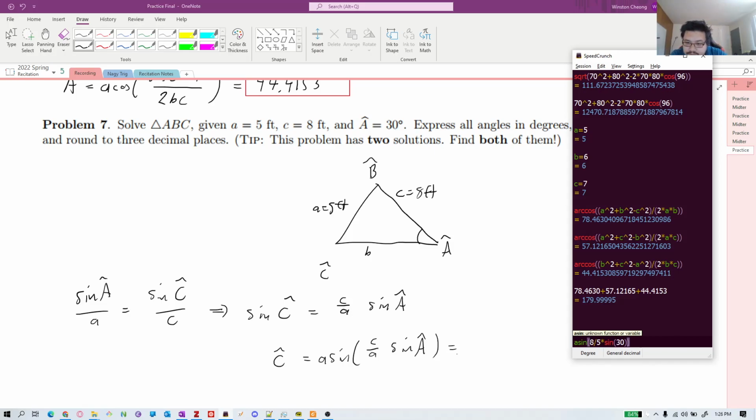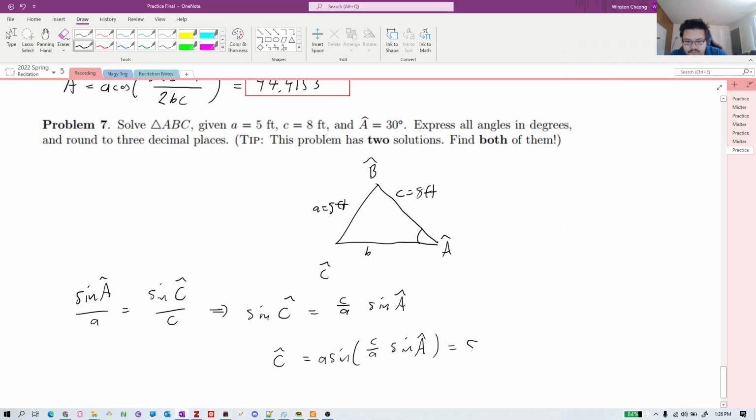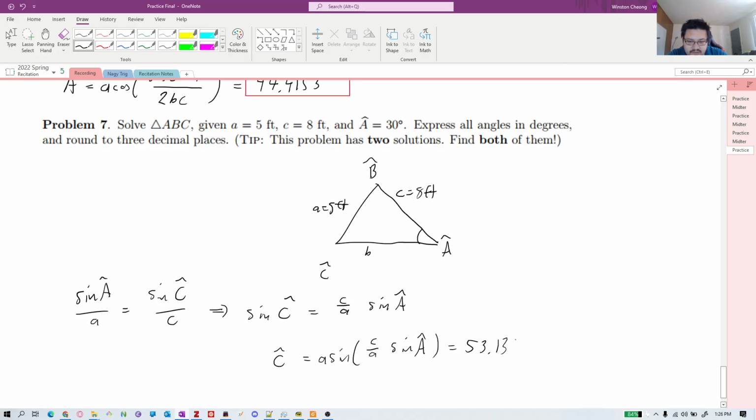I need to use arc sine for this program. Okay. So it gives me an angle, 53.1301. I'll just put an extra decimal. So it's about this.